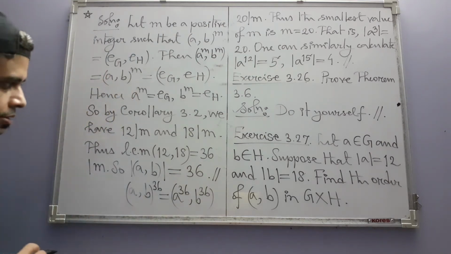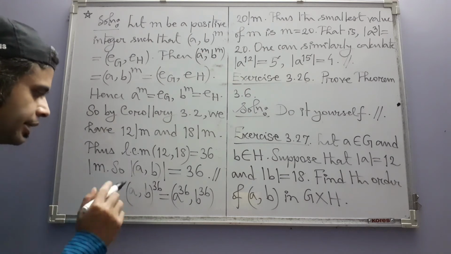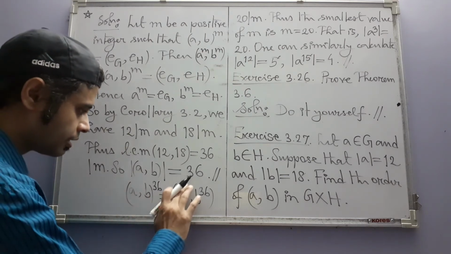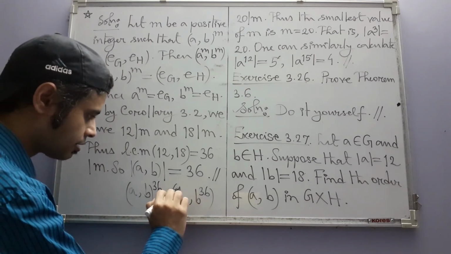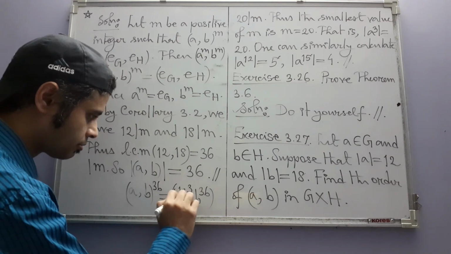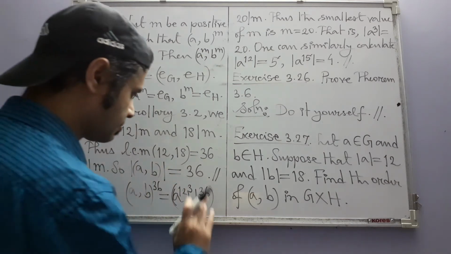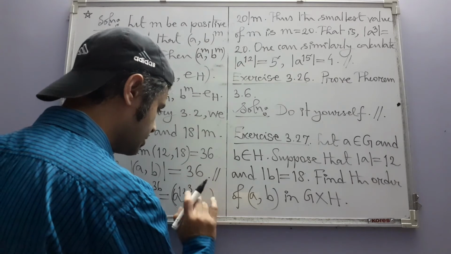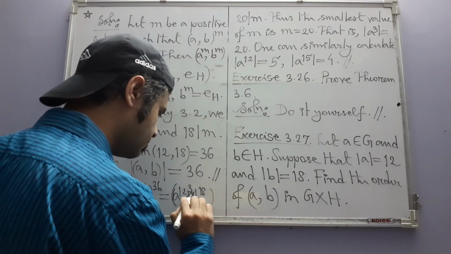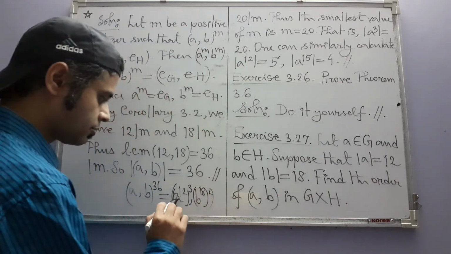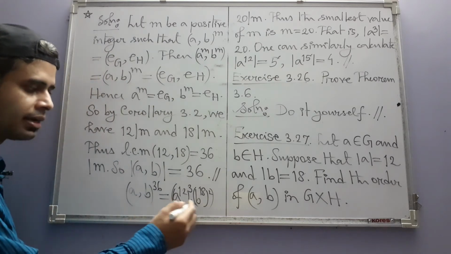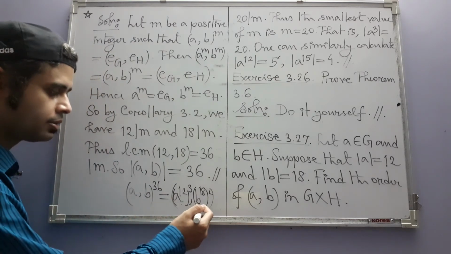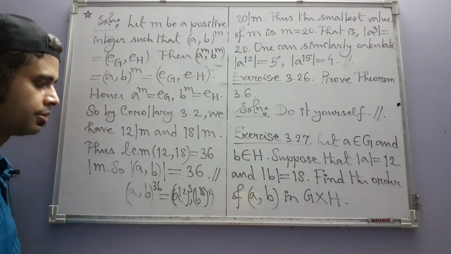But 36 is 3 times 12, so you can write it like this, and also this is 18 times 2, so you do get the identity elements EG and EH here, and that's why you get this.